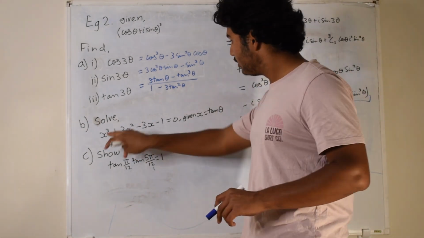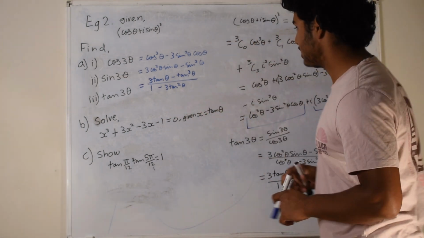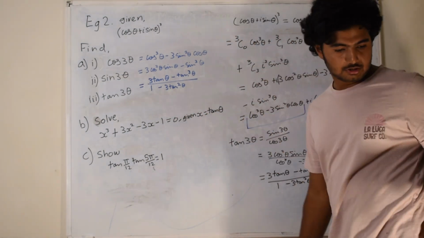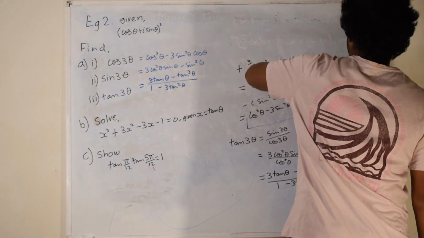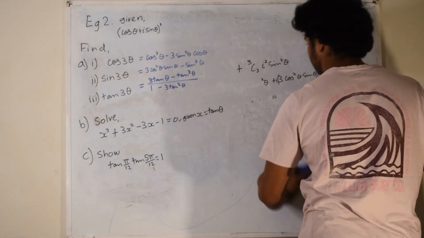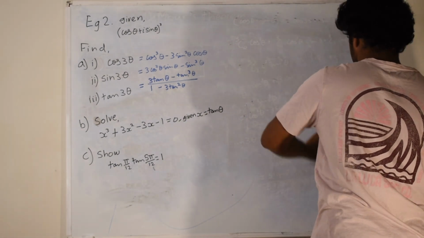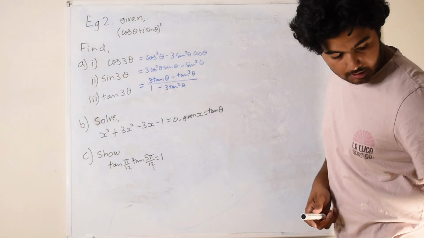So it says solve x cubed plus 3x squared minus 3x minus 1 equals 0 given x equals tan theta. So I'll rub out this side of the board so we have more space. Okay, so we look at this. Put this blue marker right here.